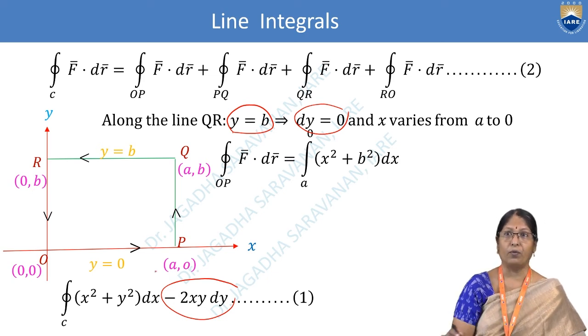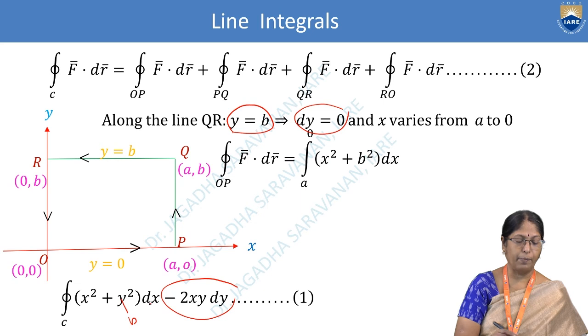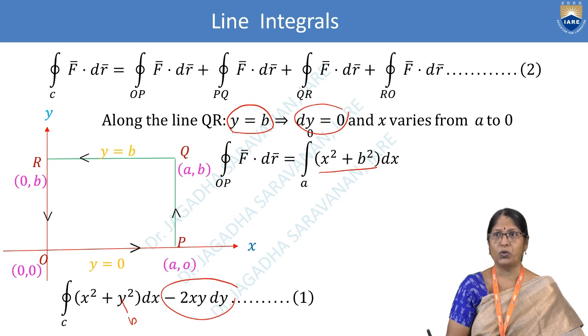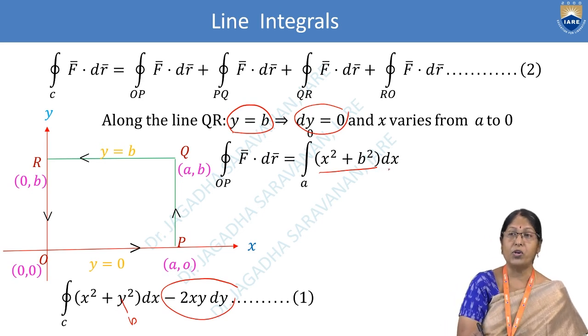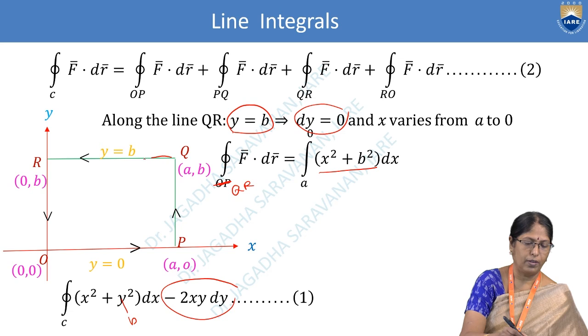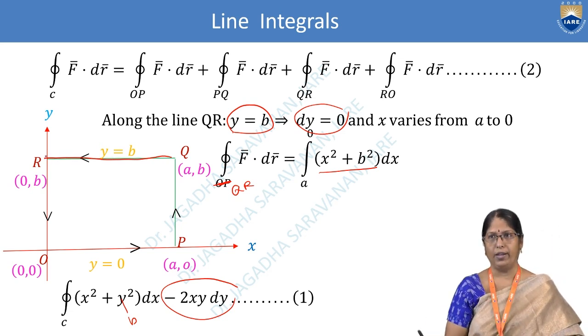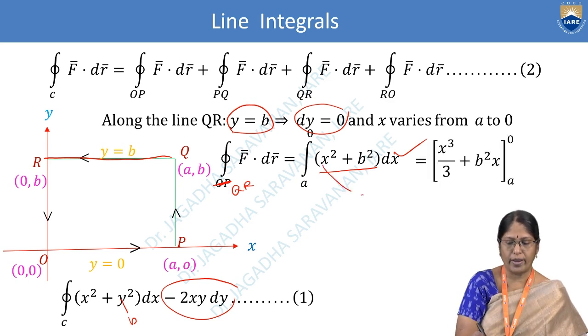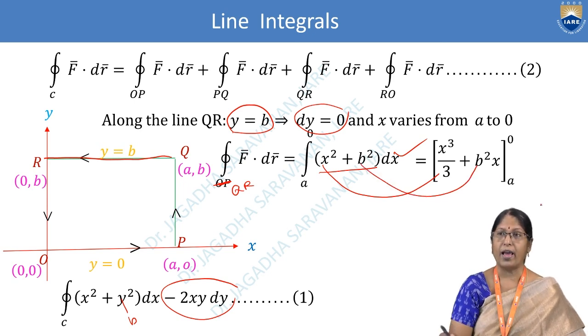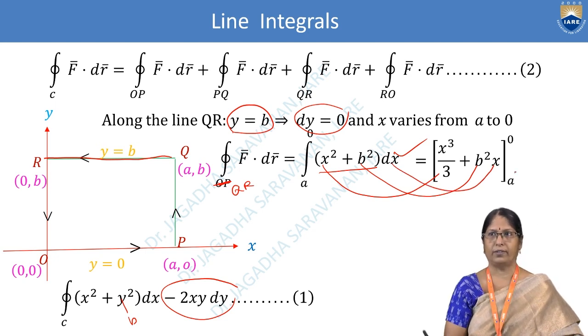This has become 0. y is going to take the value b, so it is becoming b square. That's what is written here: x square plus b square, and integration with respect to x because it is QR, it moves horizontally. So x square, the integral is x cubed by 3. b square is treated as constant, and the dx integral is x.